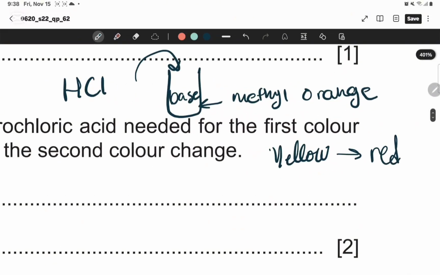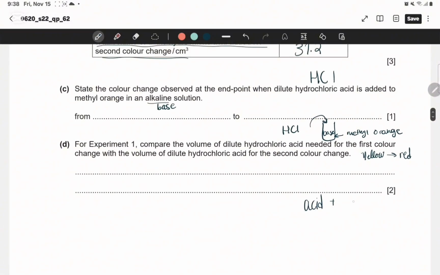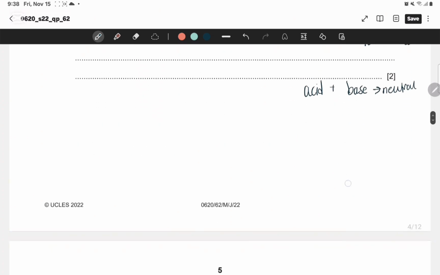Since acid plus base gives us neutral, we have to say from base to neutral. So what's the color at the base? At the base it's yellow, and at neutral methyl orange is orange. So again I'm gonna explain it.